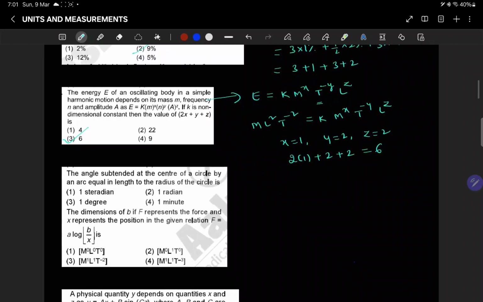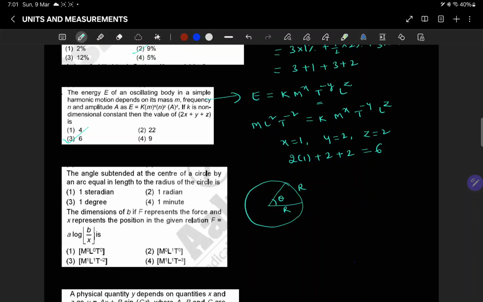Next question. The angle subtended at the center of a circle by an arc equal to the length of the radius of the circle. Very important, students, circular motion. The arc length and radius are the same. This is R, this is also R. Now the question is asking what is the angle subtended?